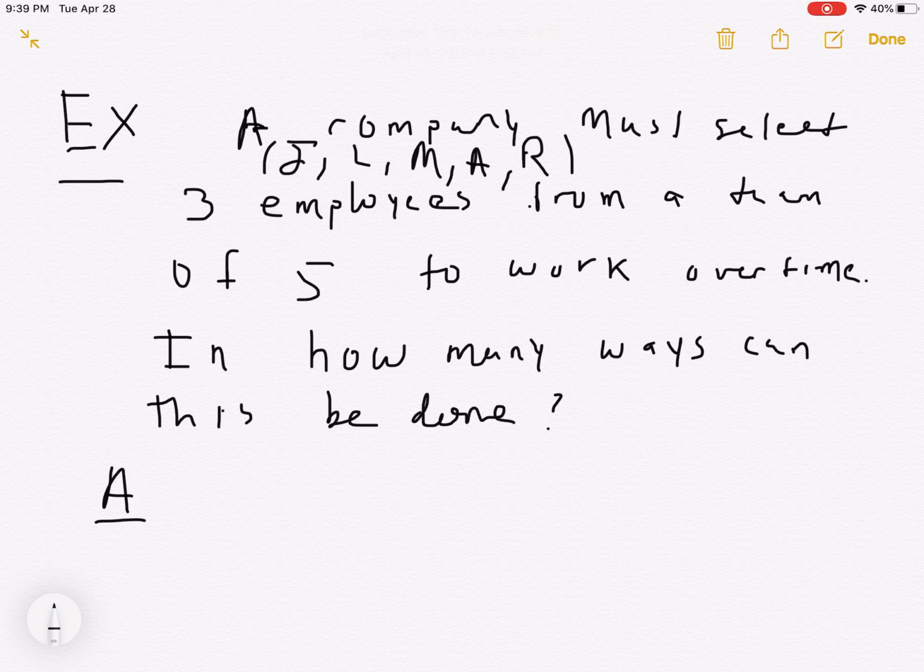Okay. When we select the employee, all that we need are 3 of them. So for example, we might see that there's a first, second, third.